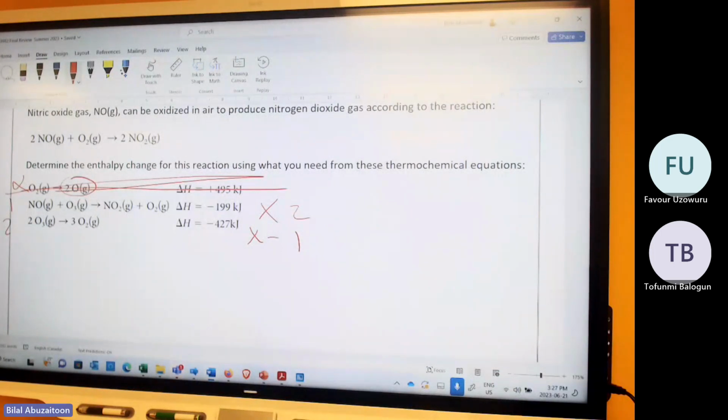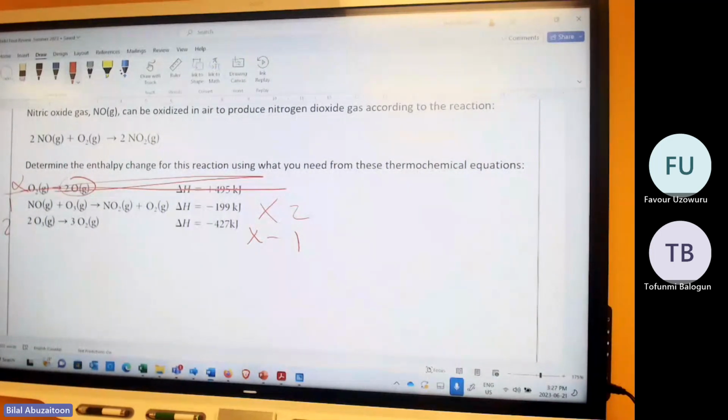But if on both sides there is still O2, add them, 2 O2. If there's O2 here and O2 here, you cross them out.